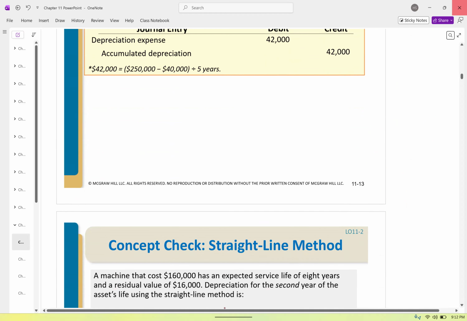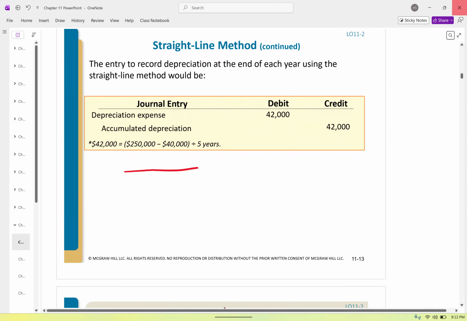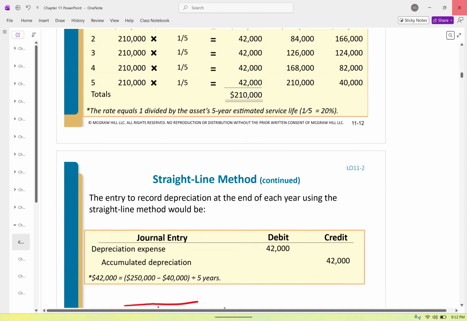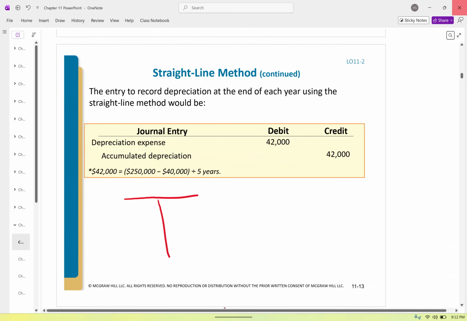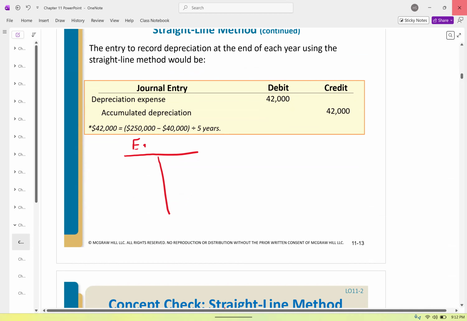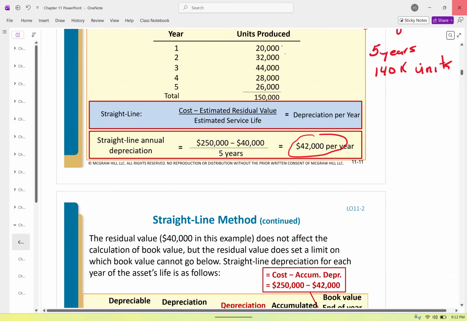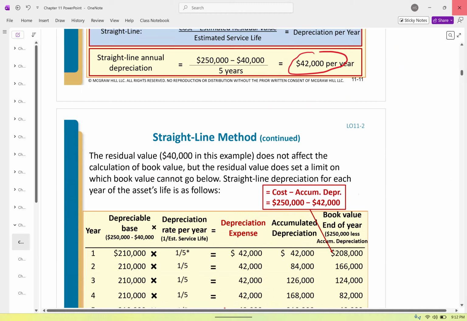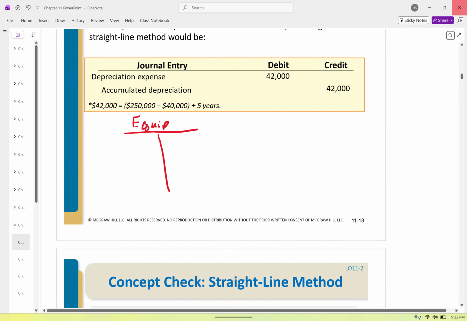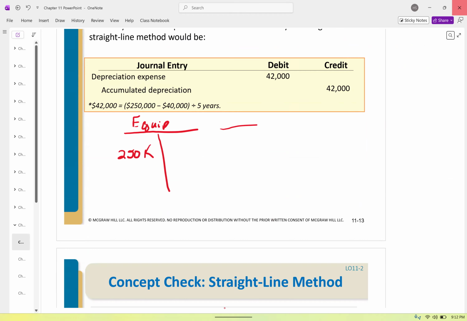So let's talk really quick about equipment, and I can't remember what its cost was. Cost was 250,000. So we put 250K in the equipment. After the first year, we have this accumulated depreciation for the equipment. Remember, equipment is an asset.